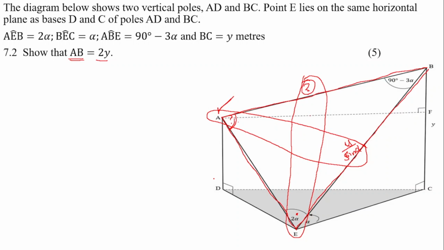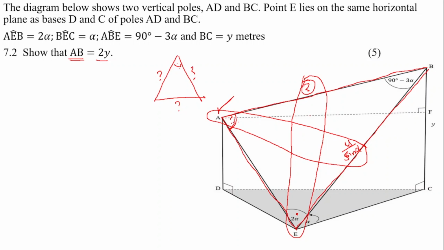It should be side, angle, side. Like here, if we're given this side, this side, and this angle, this is side, angle, side. The angle must be included. You can also use the cosine rule if you're given the three sides. And for the area rule, we also need side, angle, side. Just know what you need to be able to use these rules: the sine rule, cosine rule, and the area rule.